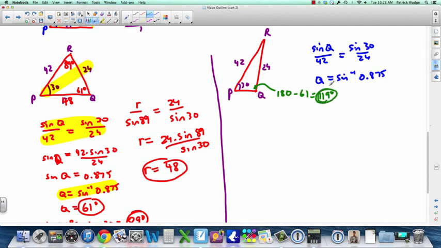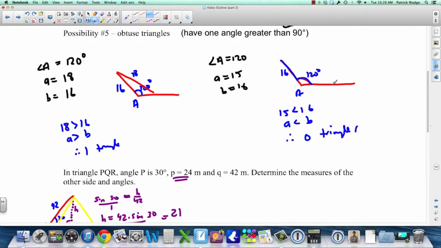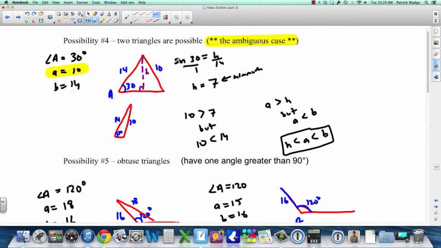Maybe what I'll do is I'll go back up here, and I'm just going to write in, I'm going to name this angle B1. I'm going to name this angle B2, and I'm going to say that B2 is equal to 180 minus B1.